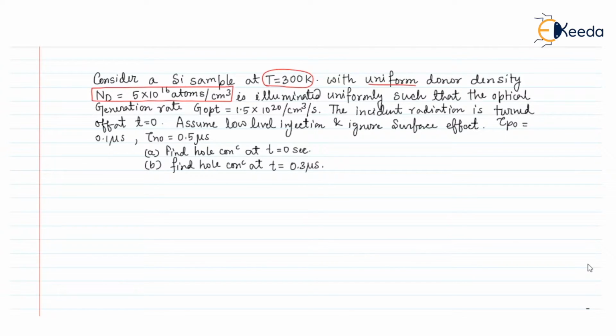and is illuminated uniformly such that the optical generation rate, that is G optical, is equal to 1.5 into 10 to the power 20 per centimeter cube per second. The incident radiation is turned off at T equals 0.